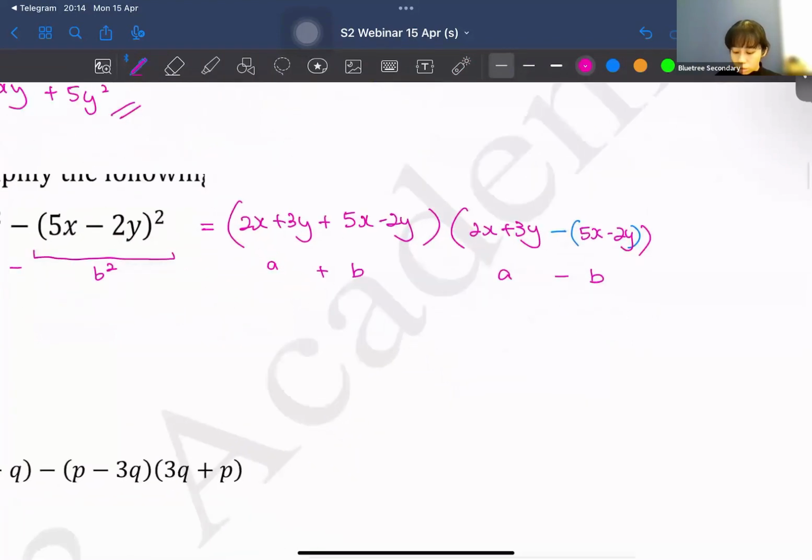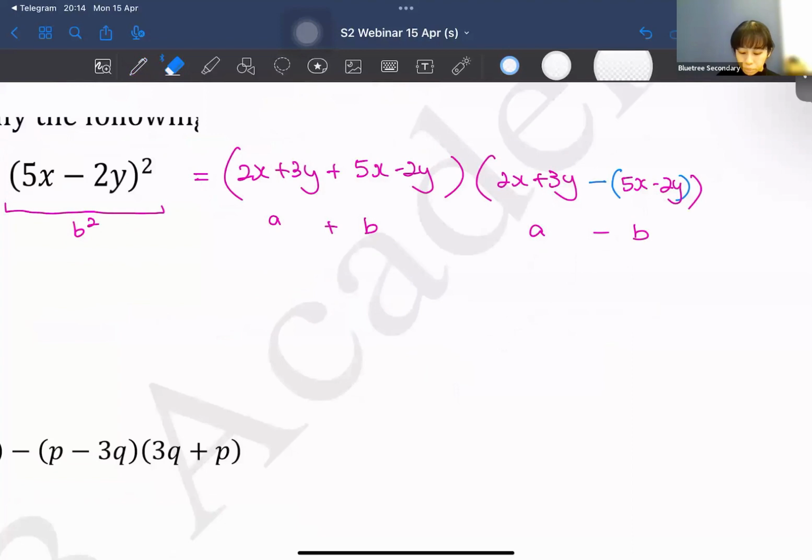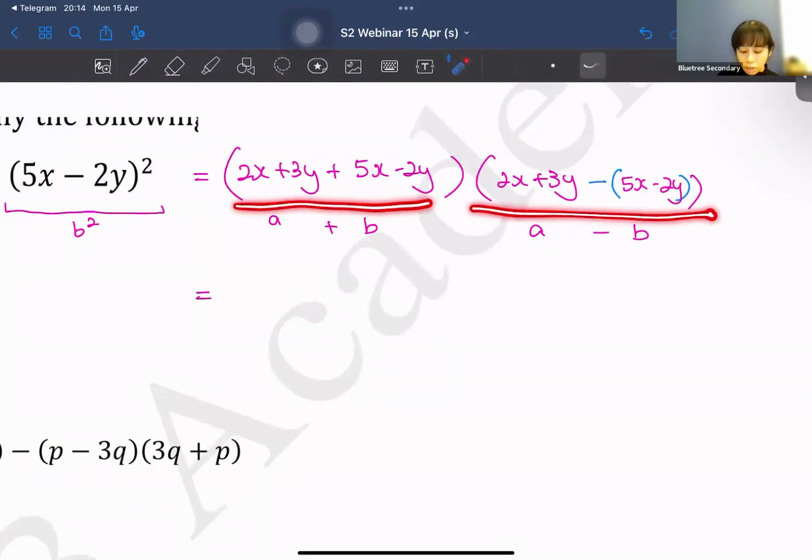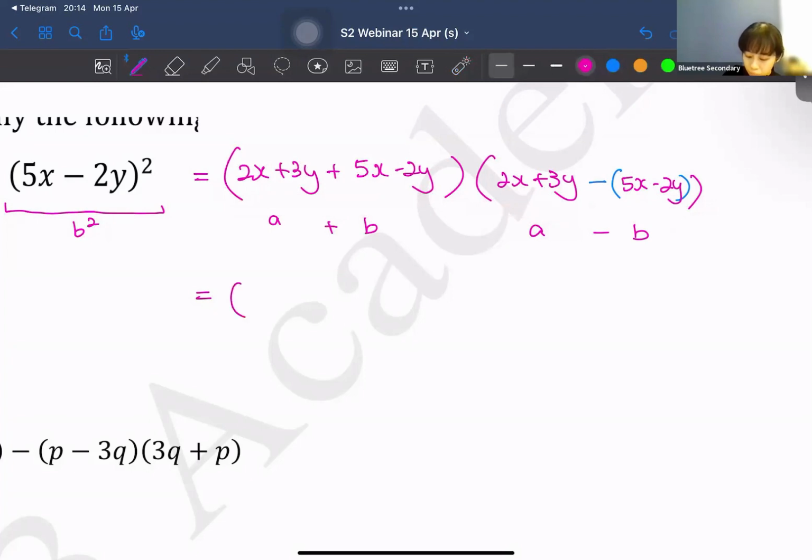So just take note of the common mistake. Okay, from here, I'm going to simplify what I have within each bracket first. And then finally, expand using rainbow and simplify your final answer.